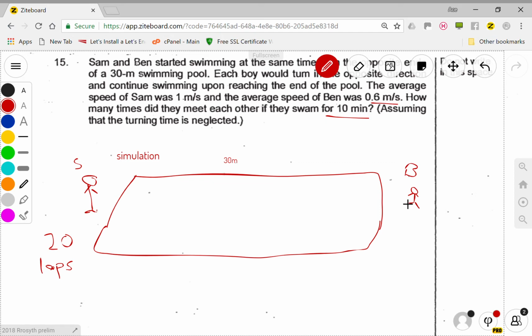Ben will swim fewer laps, not 10, fewer. Are you able to calculate? It's okay, anyway it doesn't matter. This one we don't know, never mind.